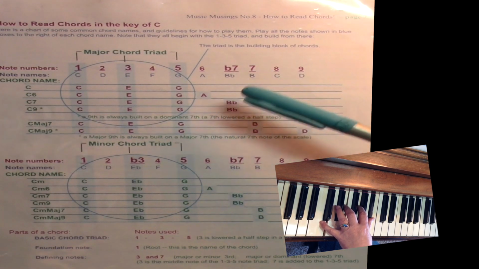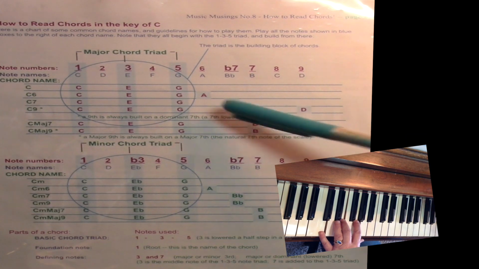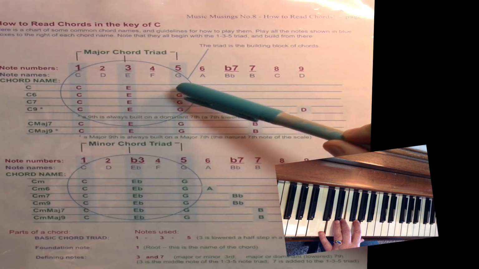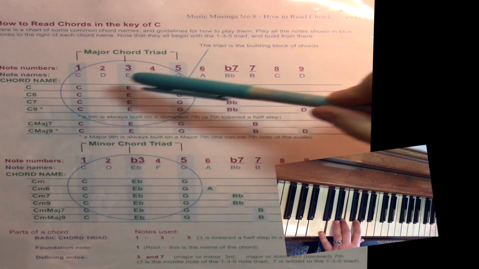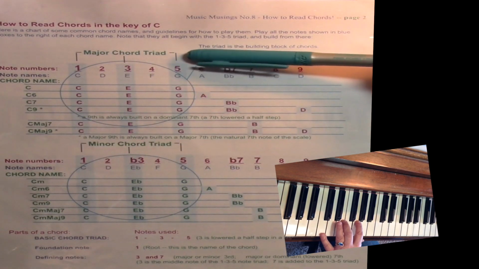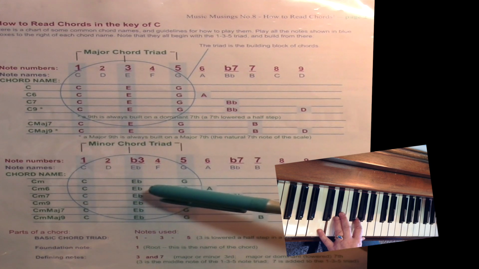But you don't call that 7 a minor 7th, because major or minor just refers to what happens to the 3 of the chord. So you can have C major, C6, C7, C9. You could have things added to the chord, but the basic triad is either major or minor, where the middle note is dropped a half a step.